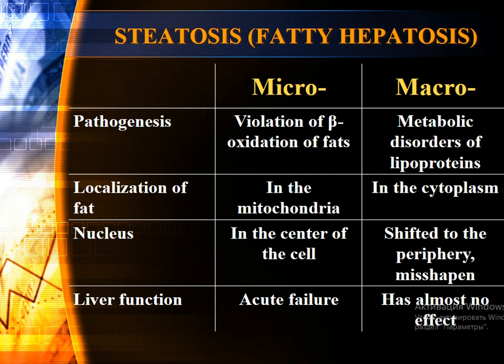In case of macrovesicular steatosis, in pathogenesis of this type of steatosis, metabolic disorders of lipoproteins play critical role. Light microscopy shows the cytoplasm of the liver cells to be occupied by fat, seen as a large clear area that distends the cell and displaces the nucleus to the periphery.